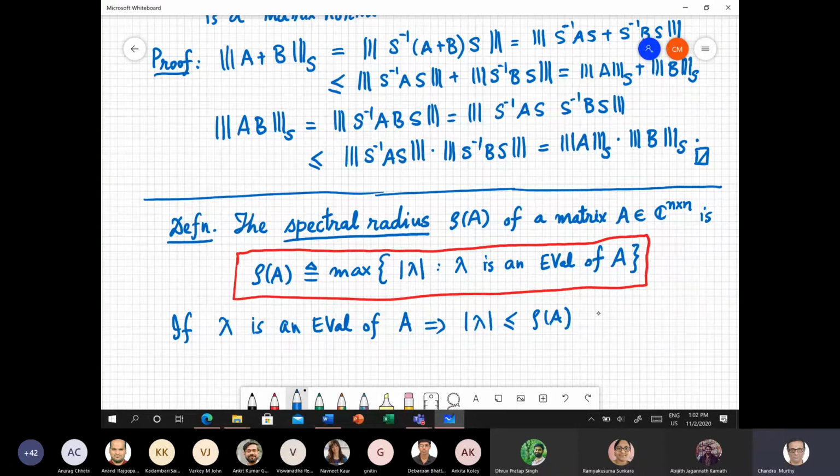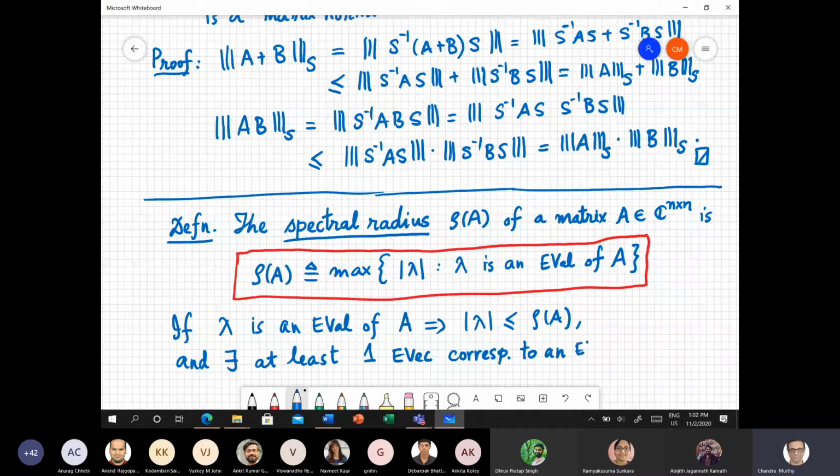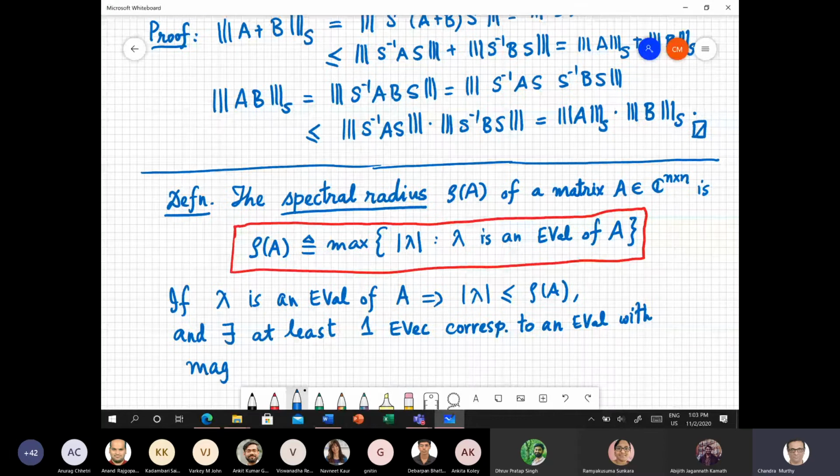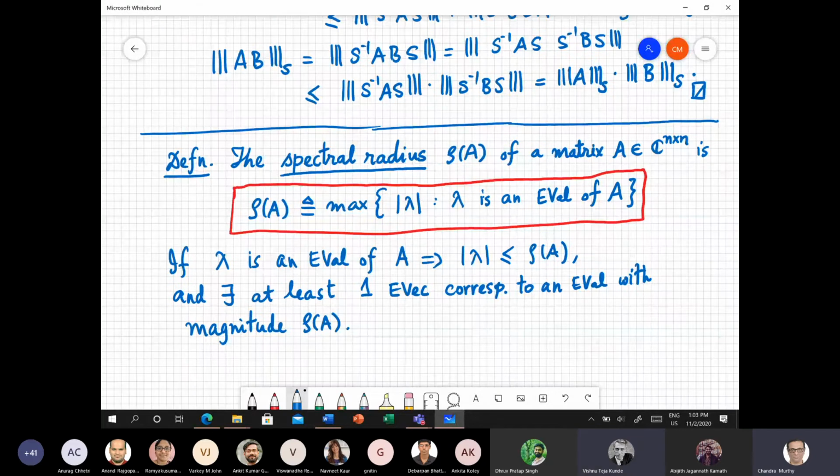And there exists at least one eigenvector corresponding to an eigenvalue with magnitude rho of A. Of course there's also an eigenvector corresponding to lambda, but I'm interested in the eigenvector corresponding to the eigenvalue whose magnitude is rho of A. Sir, what if lambda is imaginary?